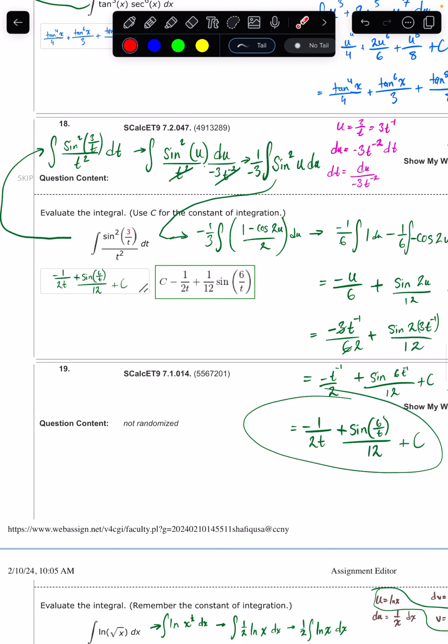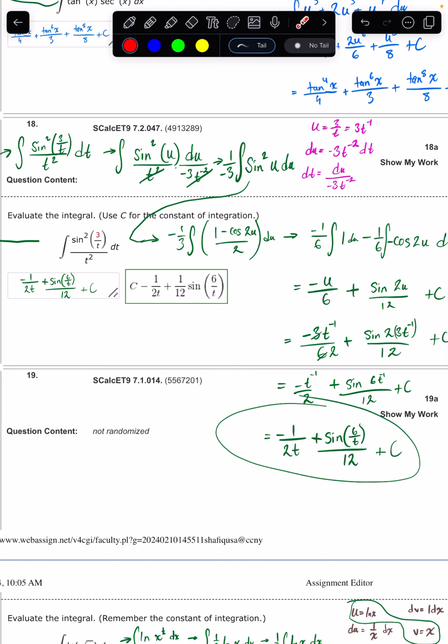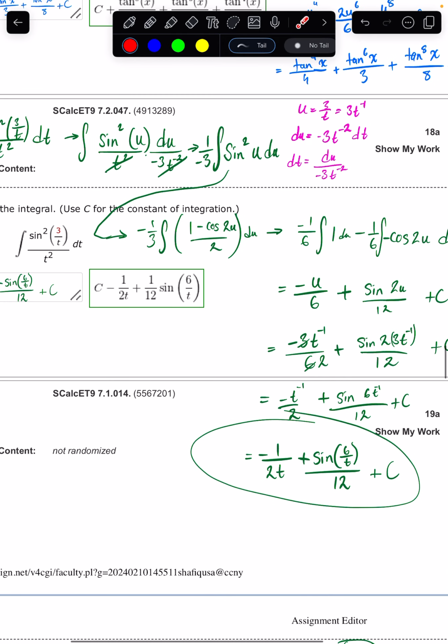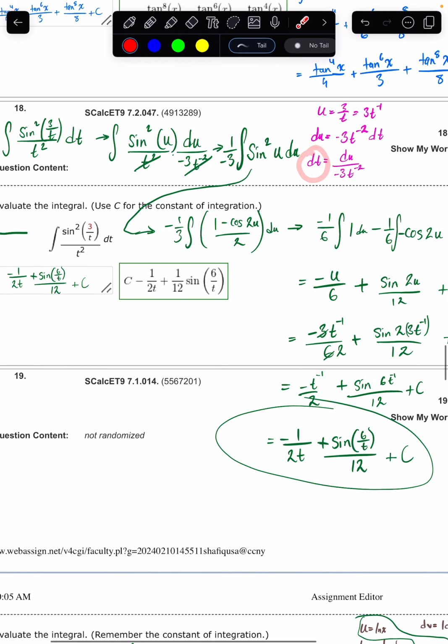So I made the u value 3 over t, and you can rewrite that as 3t to the negative 1 power, and the derivative of that is negative 3t to the negative 2 power dt, and isolate dt, so we can substitute it over here.